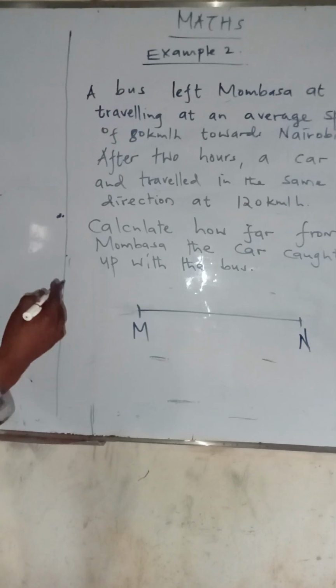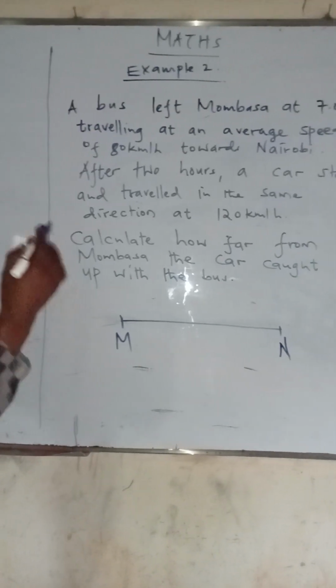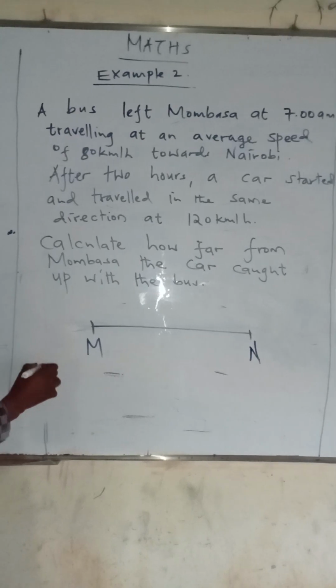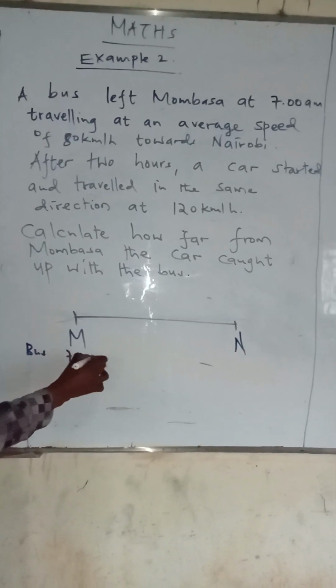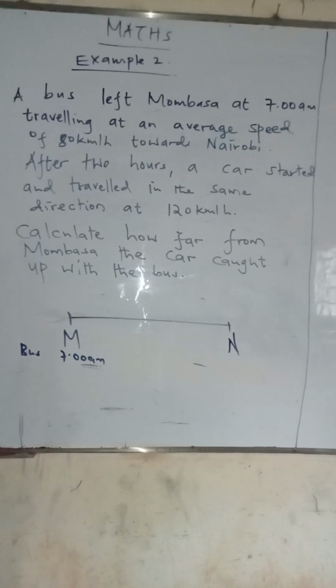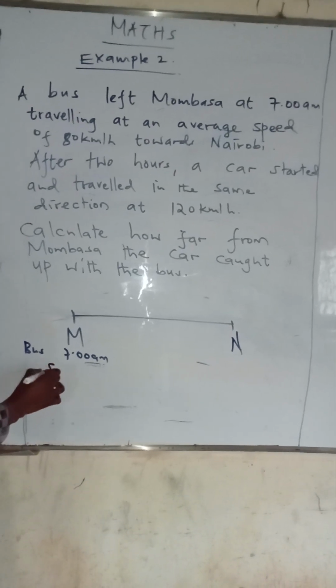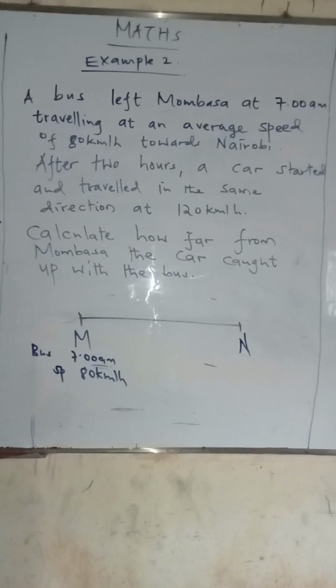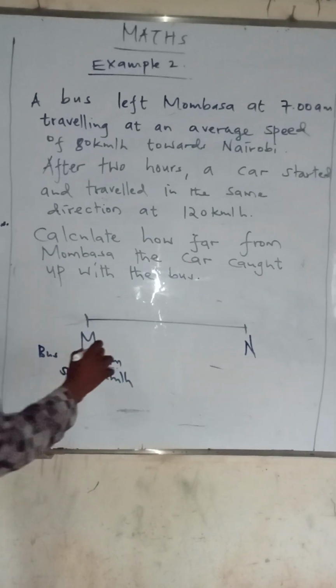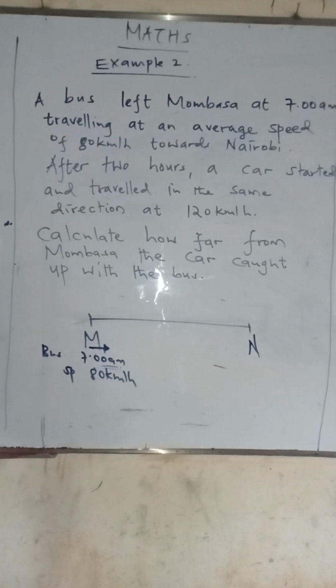Then you are told the bus left Mombasa at 7:00 a.m. traveling at a speed of 80 kilometers per hour towards Nairobi. So it is moving towards Nairobi.